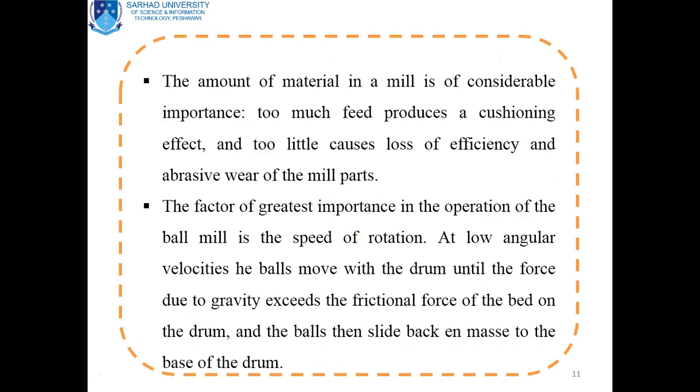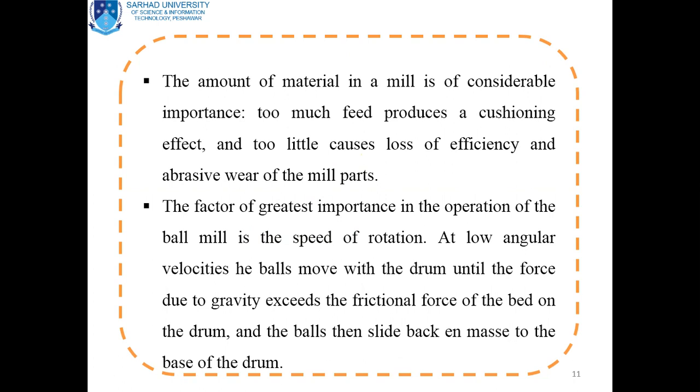There is an explanation of the considerable amount of material to be introduced, the effect of too much feed and too little feed, and the speed of rotation, which is the factor of greatest importance in the operation of ball mills. What happens at low speed?